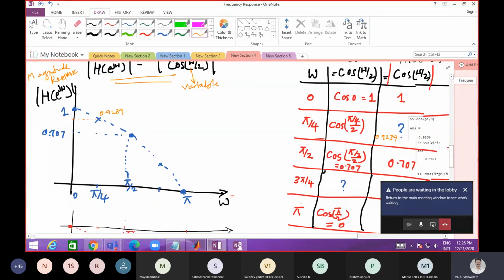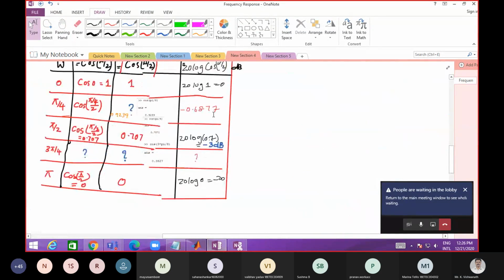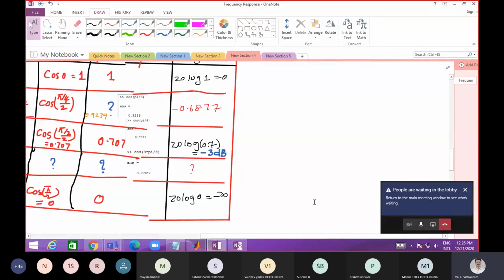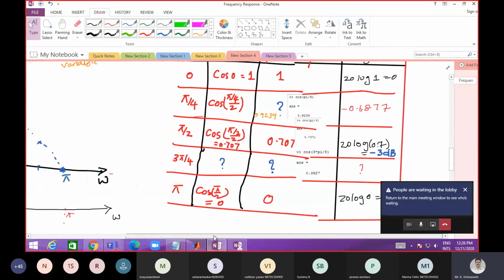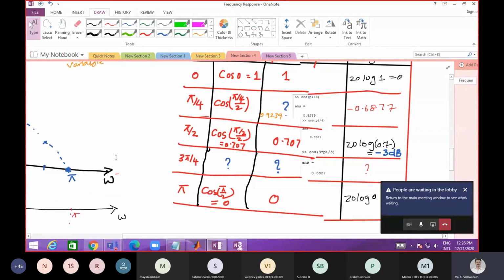Yes, we got the magnitude value will be minus 0.6877.